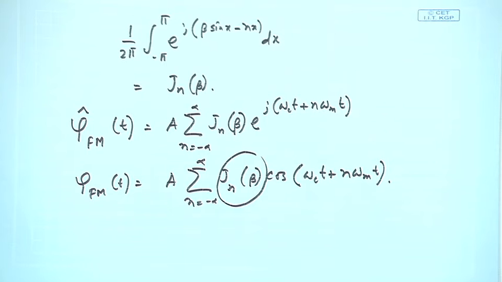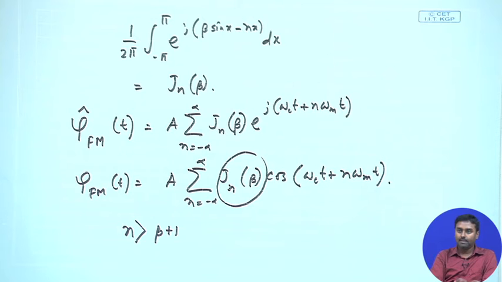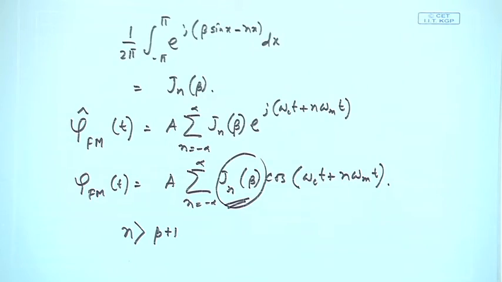But if you carefully analyze this J_n(beta), it is revealed that as n goes bigger than beta plus 1, the value of J_n(beta) becomes insignificant. This is something you can see from the Bessel function plot for different values of beta and n. So, for every beta, beyond beta plus 1, that n value is not really significant.